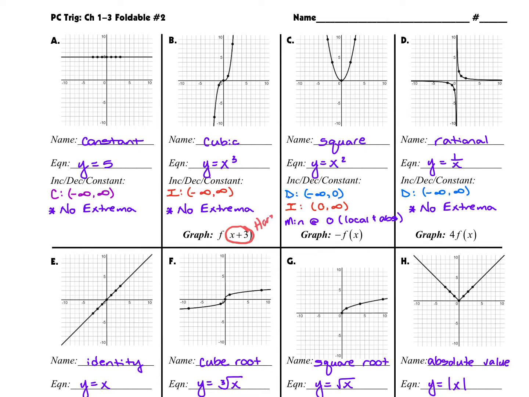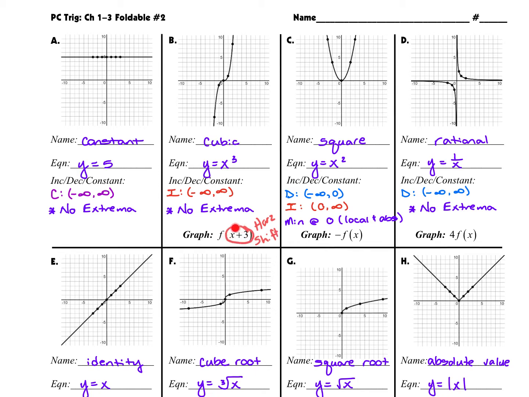We know this one's going to be horizontal because the value is being added or subtracted directly to the x value. So when we add or subtract directly to the x value, it is going to create a horizontal shift.